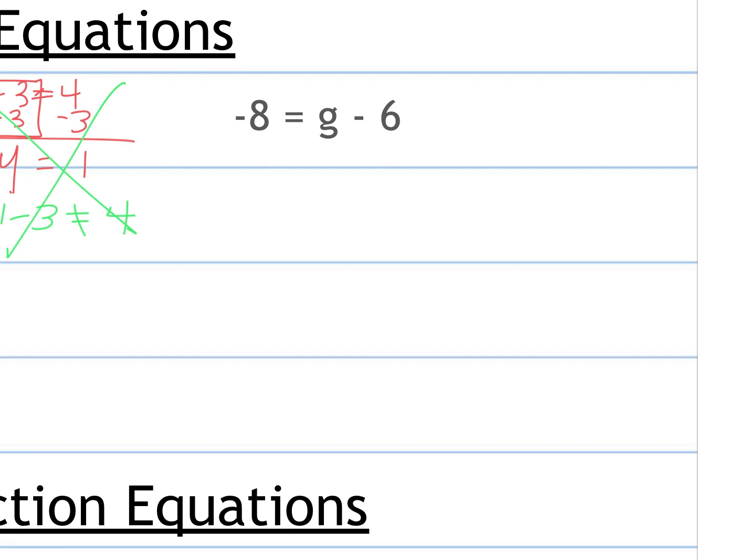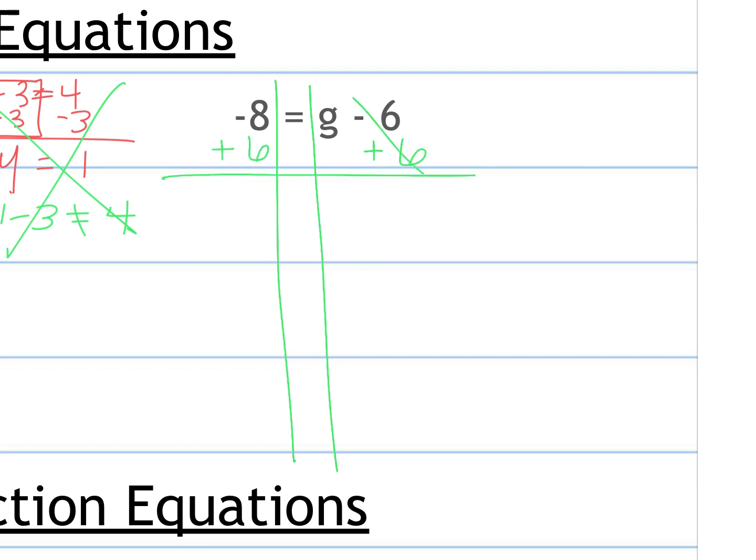And then -8 equals g minus 6. So I got my train tracks. I look on the right side because the variable is on the right side. g is being subtracted by 6. I do the opposite, which is adding 6. -6 plus 6 is 0, so it leaves me with g. -8 plus 6 is -2. I'm going to flip that around.